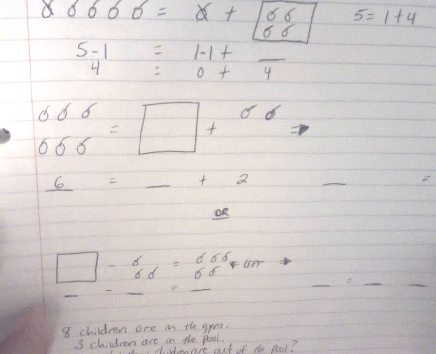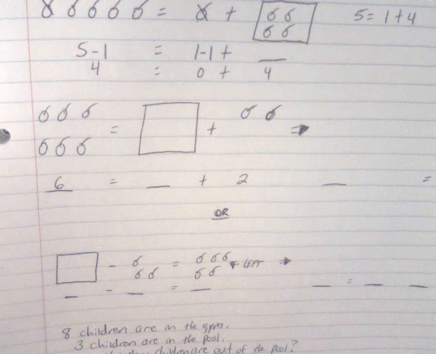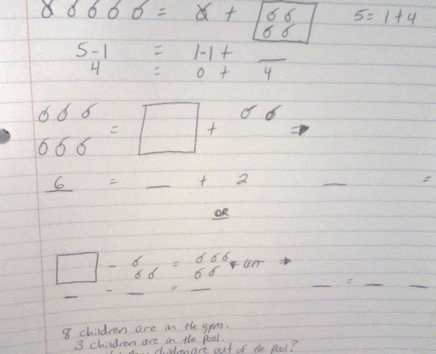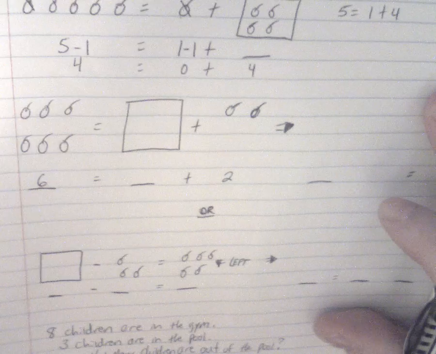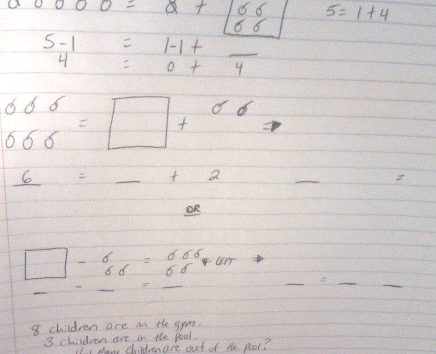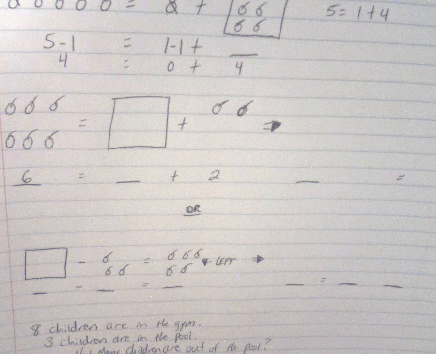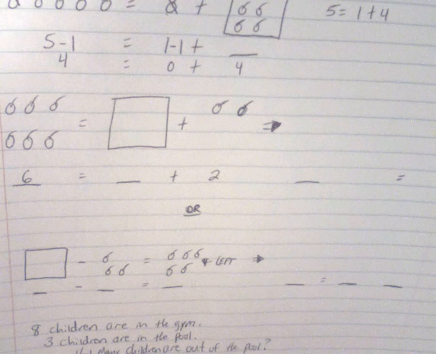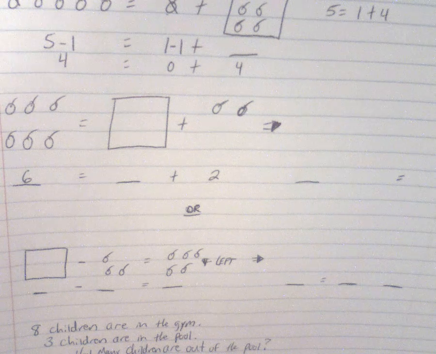Okay? Now, there's always more than one way to solve a problem. I always tell you guys that. So I'm going to show you a slightly different method. Okay, it's similar to this, but what I'm going to teach you is something that I hope will be easy for you to understand.